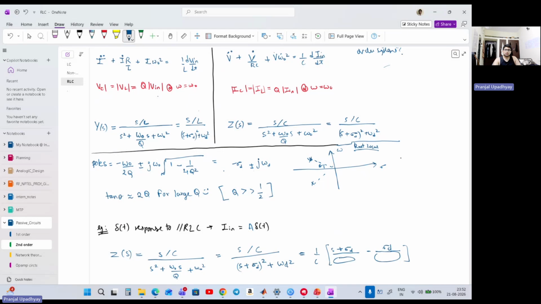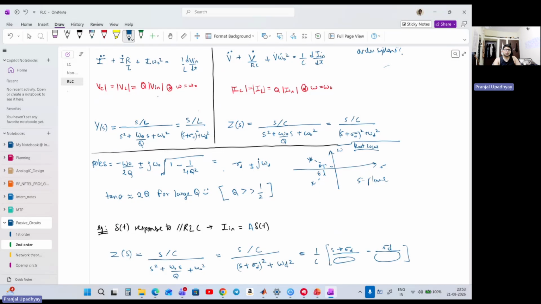So this is basically the s plane. We can understand that the real parts are the same, and only the imaginary parts are opposite in sign. So both of these angles are the same, and so we can say that tan theta is basically equal to what? This term divided by this term, right?